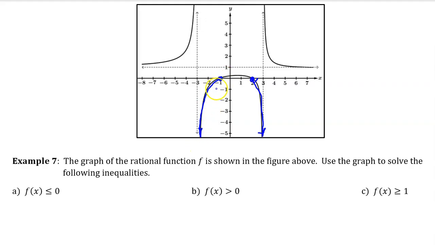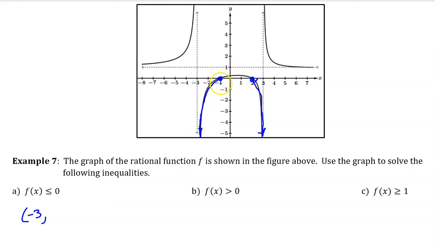So this first blue piece goes from -3 to -1. So be careful, this -3 is an asymptote. The function never reaches this vertical asymptote. So I'm going to use a parenthesis on the -3 to show that -3 itself is not included in the solution set.